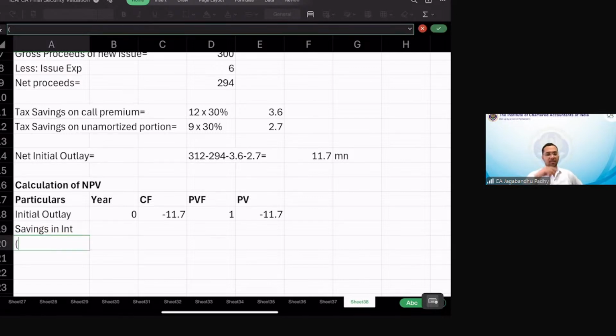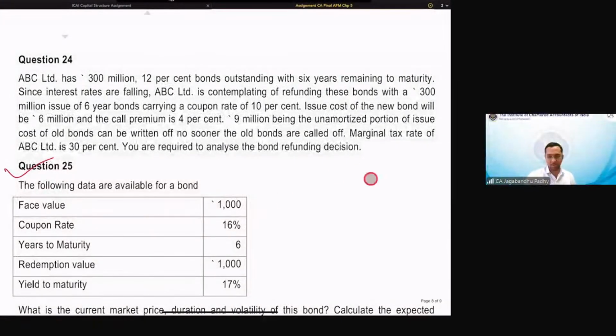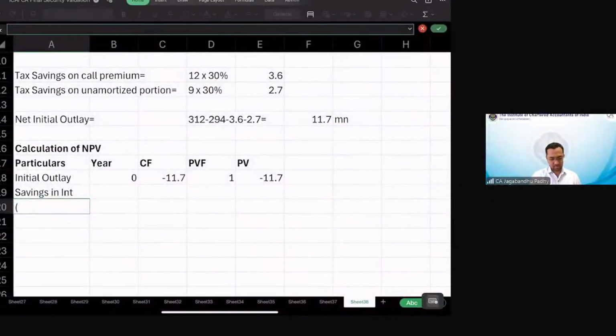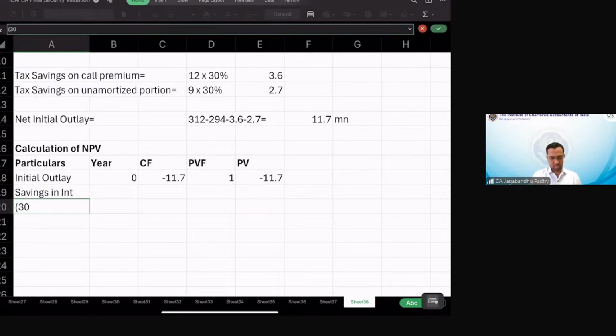Can I say earlier, the old bonds were requiring a coupon payment of 12%. The new bonds will require a coupon payment of 10%. So on 300, we are saving 12% minus 10%.